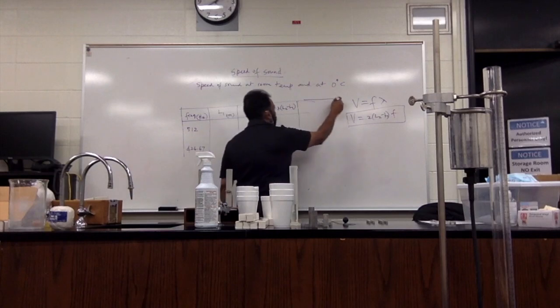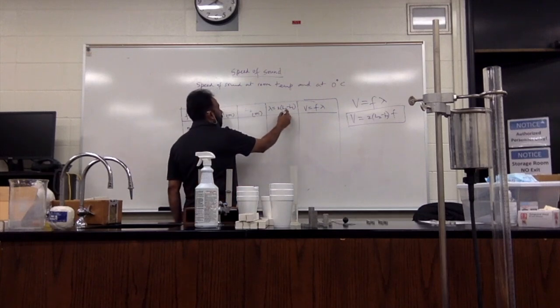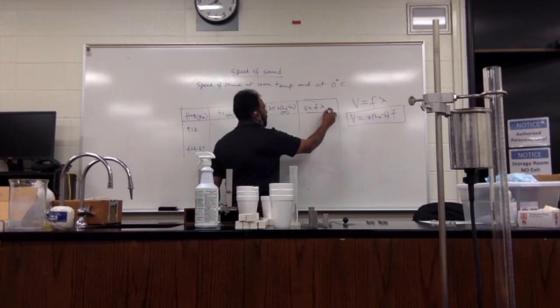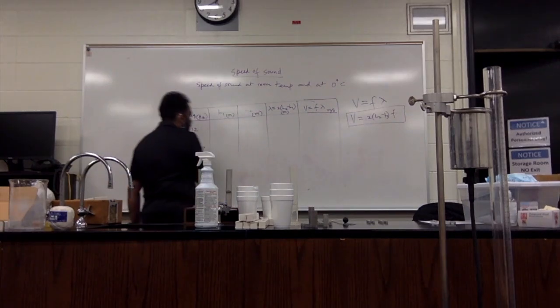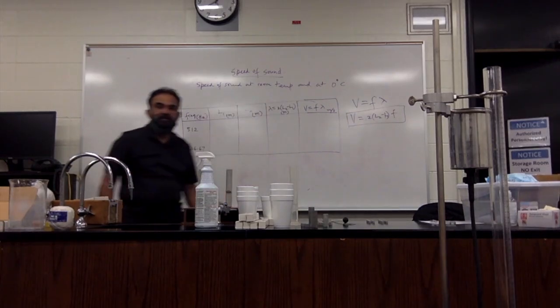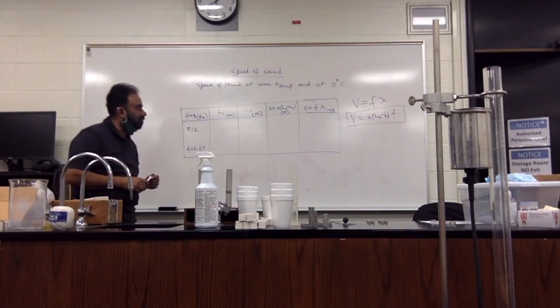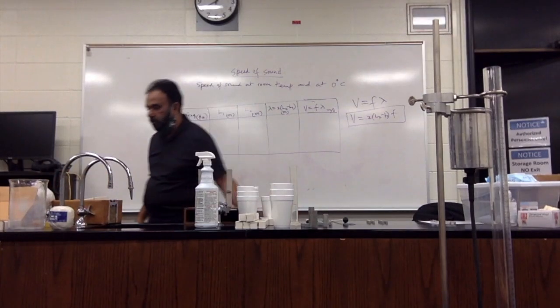And then we'll find the speed of sound by using frequency times lambda. So this is going to be meters, and this will be meters per second. We're just going to do it 2 times, and then you're done. So that's the table.